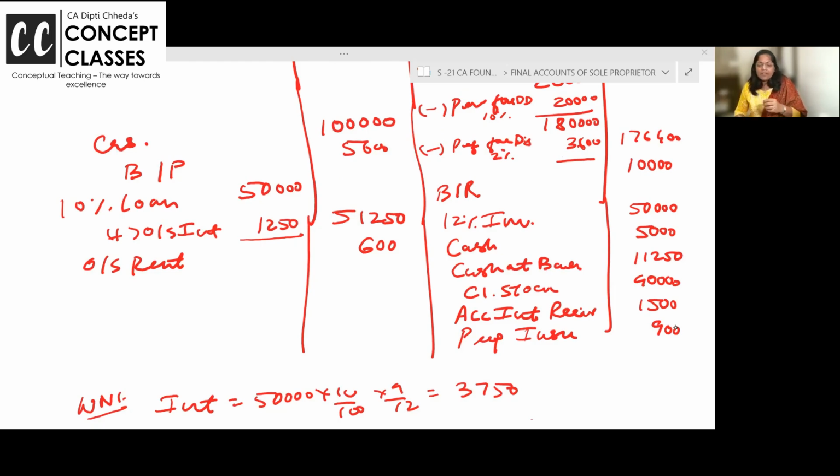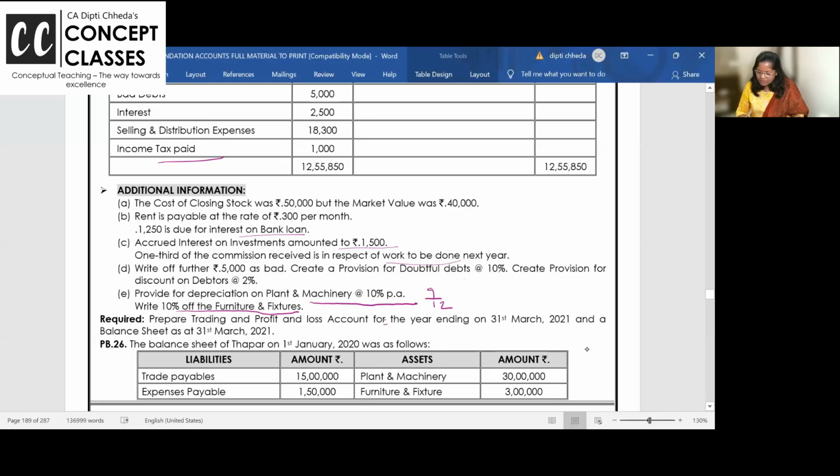Okay. And one more adjustment we missed, that was for commission. I'll read it out. Prepaid insurance is clear, I hope. Commission: 1/3 of the commission received is in respect of work done for next year. So some income is received in advance.